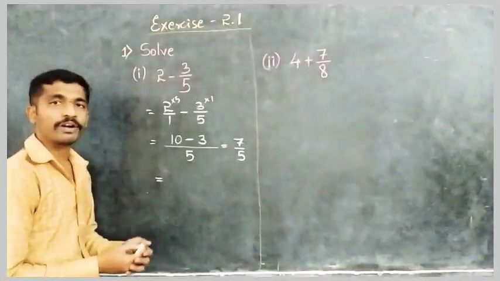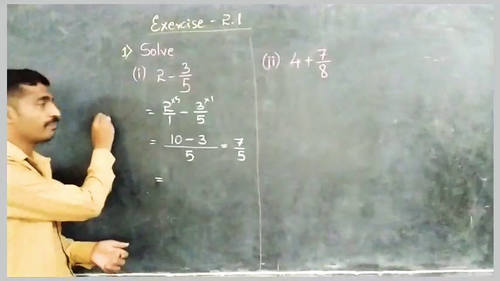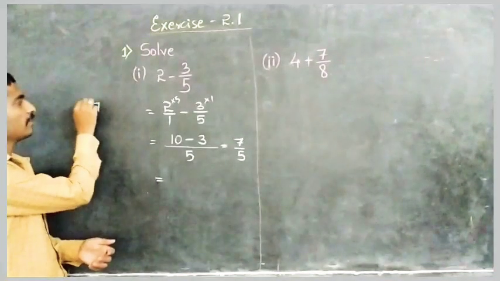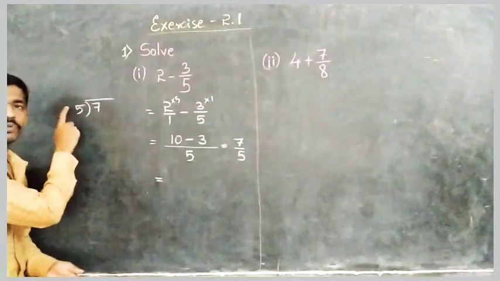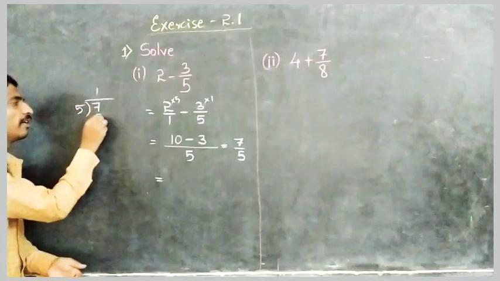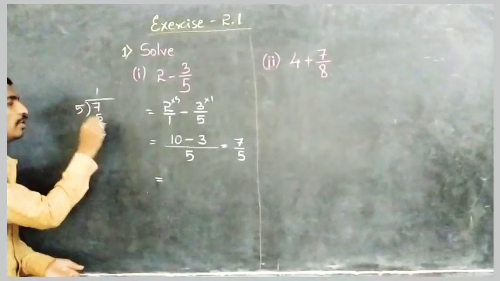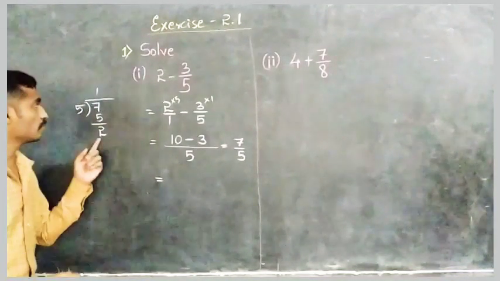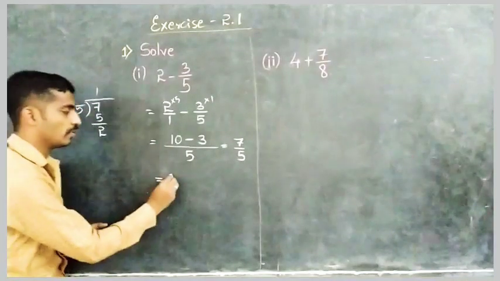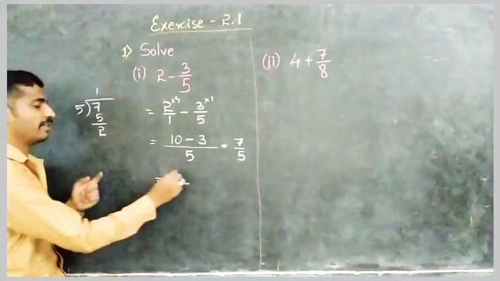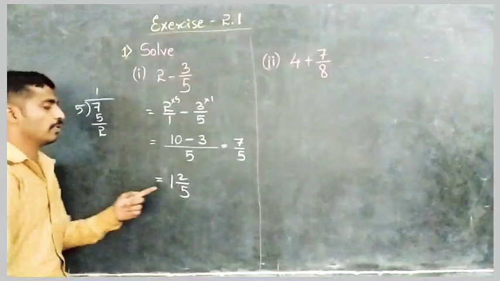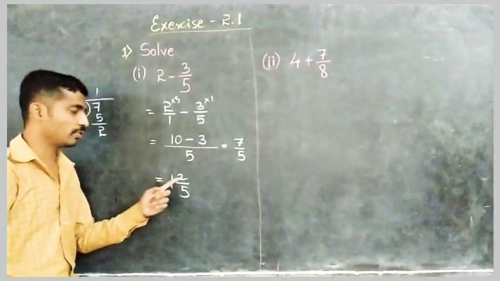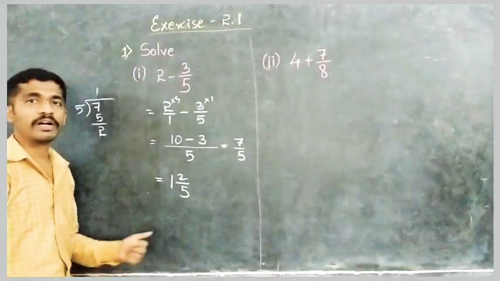So 7 by 5, how will you do? 7 divided by 5. Okay, so 5 ones are 5. Here remaining is 2, the remainder is 2. The whole is 1. So 1 integer, the remainder you write in the numerator and the denominator is 5. So 1 integer 2 by 5 is your answer.